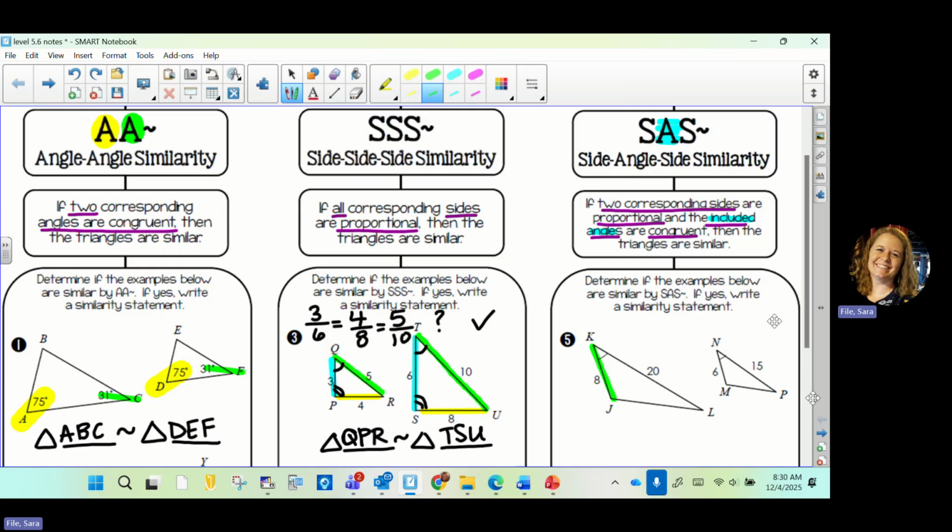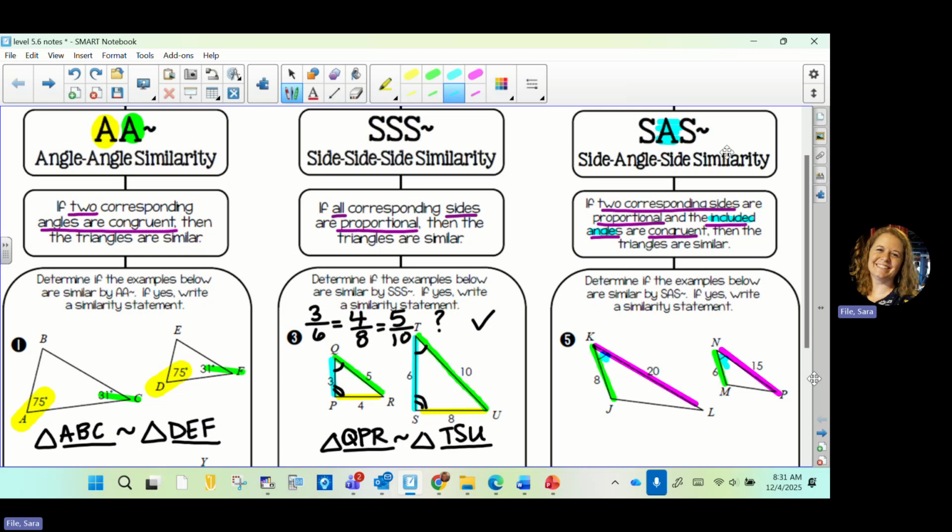The 6. Okay. And then the 20 would correspond here. So the included angle is K and N, right? And that's already marked congruent. That's what that little arc means. So we've got the included angle is congruent. So we've met that part of it.